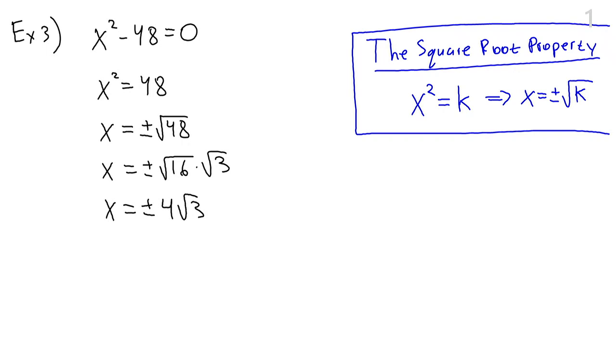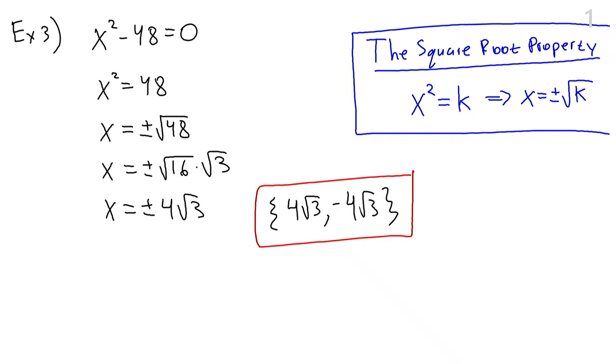So the final solution to this quadratic equation is 4 times radical 3 and negative 4 times radical 3. And this is the final answer.